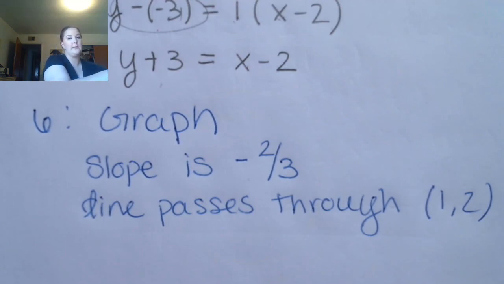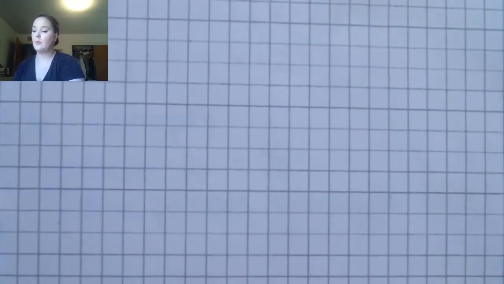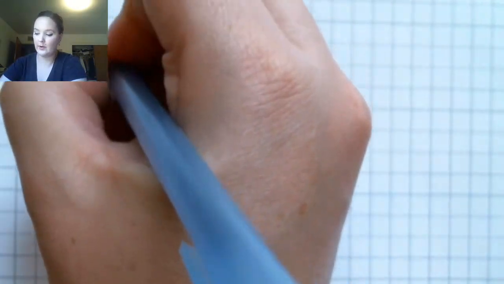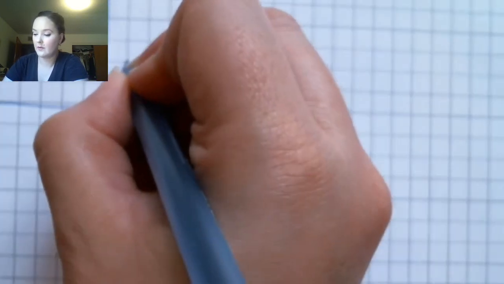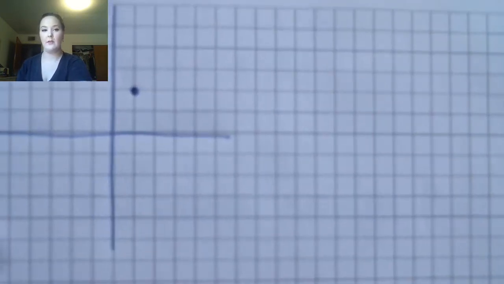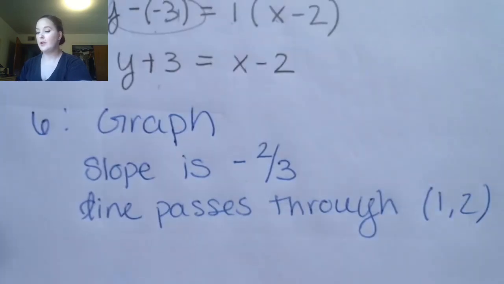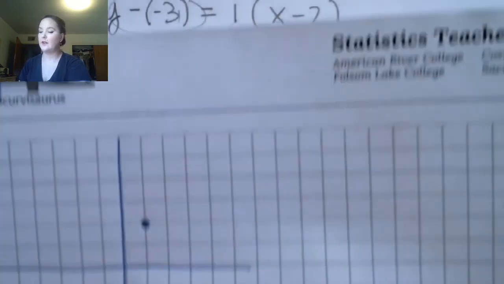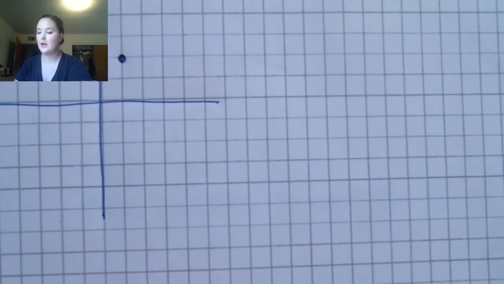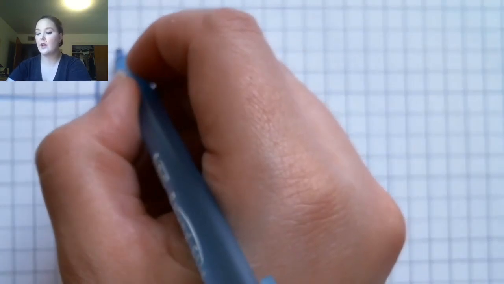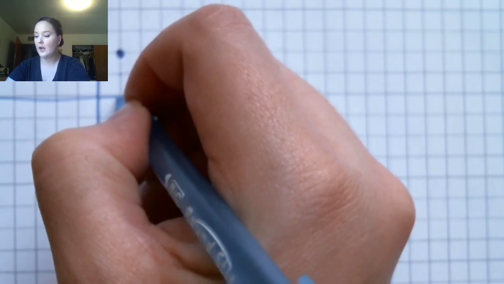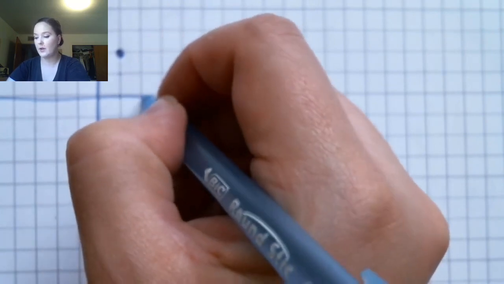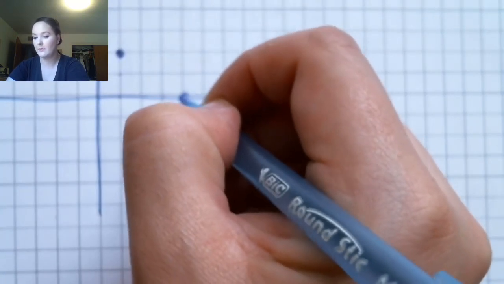Let me show you what I mean. We're going to start by graphing the point that we were given, which was the point (1, 2). Then we're going to use our slope, which is -2/3. That means from here to our next point, the change is -2, and then +3: 1, 2, 3.